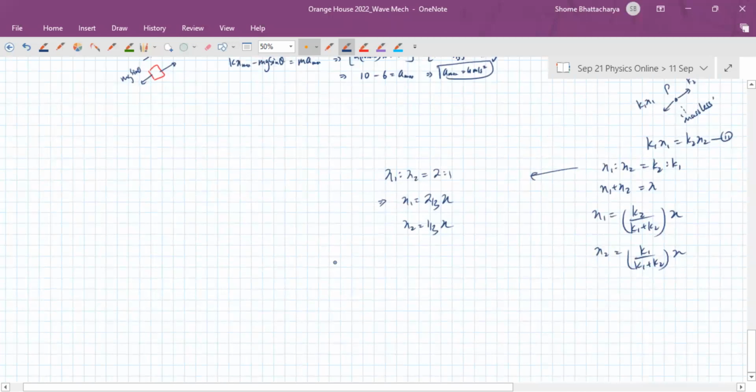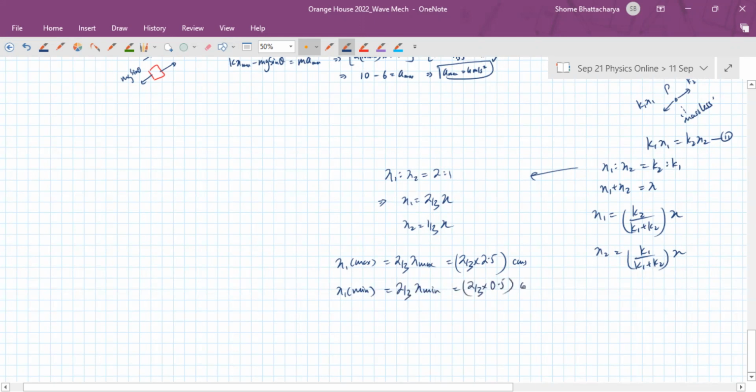So X1's maximum value will be 2/3 of X's maximum value. So 2/3 of 2.5. And X1's minimum value will be again 2/3 of X's minimum value. Similarly, X2's maximum value will be 1/3 of X's maximum.